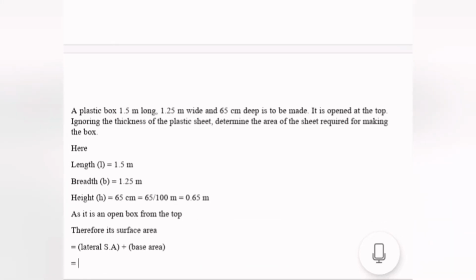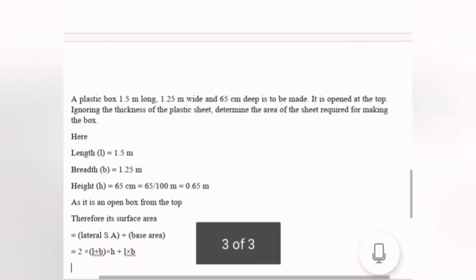Now over here the lateral surface area is equal to 2 into (L plus B) into height, plus L into B, that is the base area.